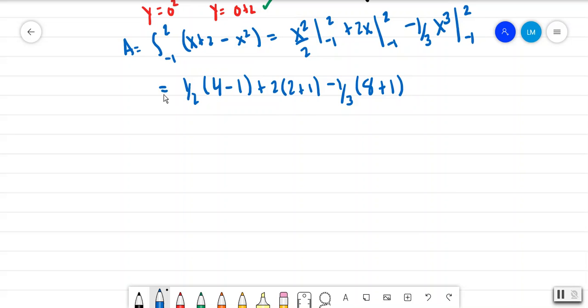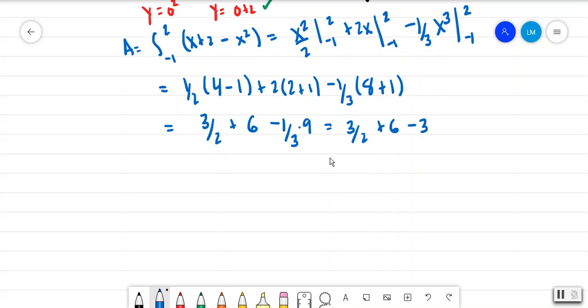We simplify this as best as possible. So we have 3/2, plus 6, and then minus 1/3 times 9. So this will be 3/2 plus 6 minus 3.